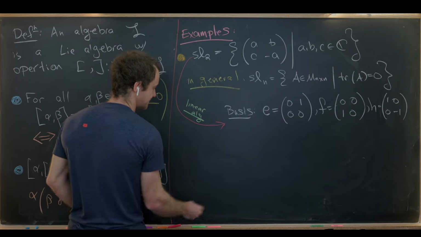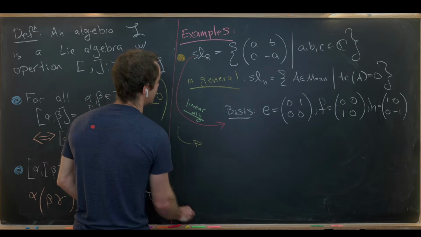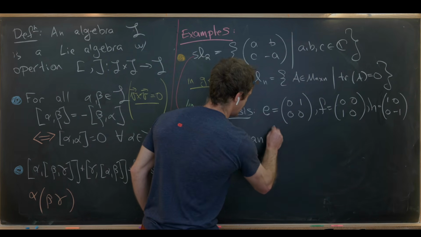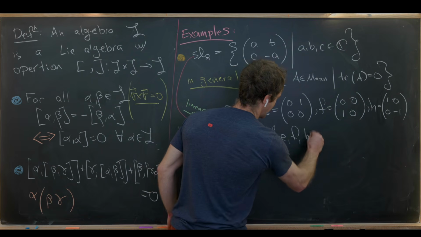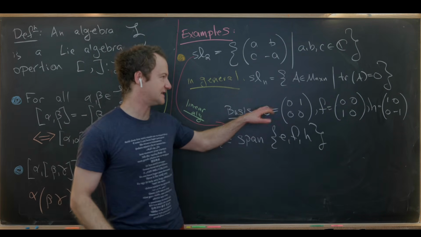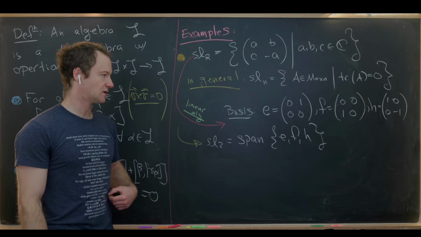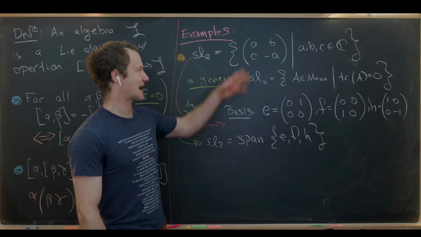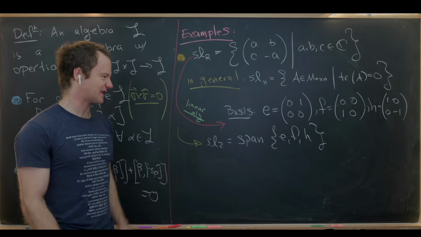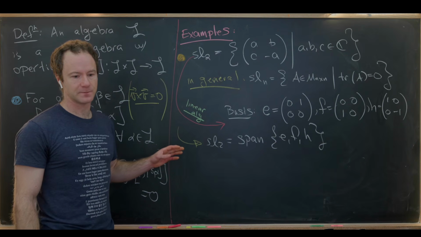So generally, we think about SL2 as being the span of this E, F, and H. And often, we just think about it as these three symbols abstracted away from the representation as matrices. But that's kind of neither here nor there.